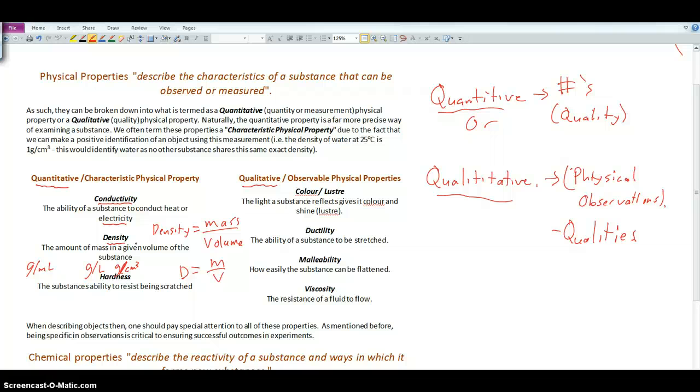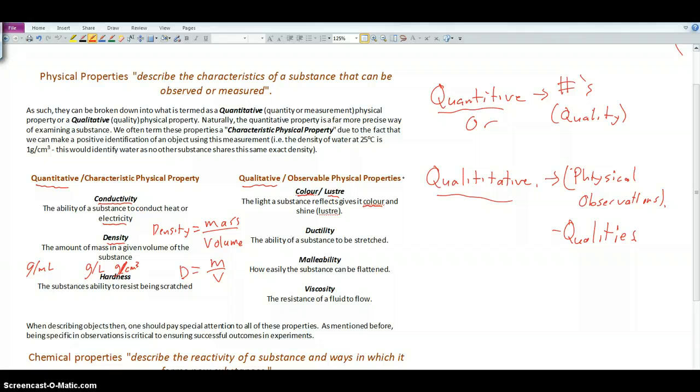Now in terms of qualitative, these are things that we just observe. We don't measure them. Okay? And the first is color or luster. And these go back to the optics unit. They're all determined by the amount of light a substance reflects. So if you remember, a red substance is going to reflect red light and absorb the other types of light.